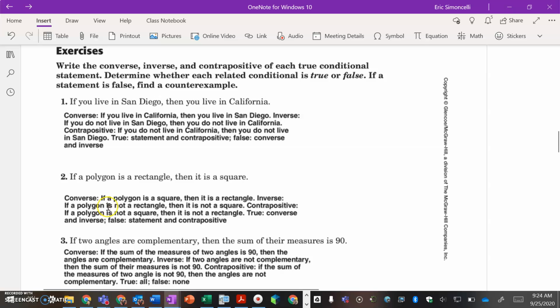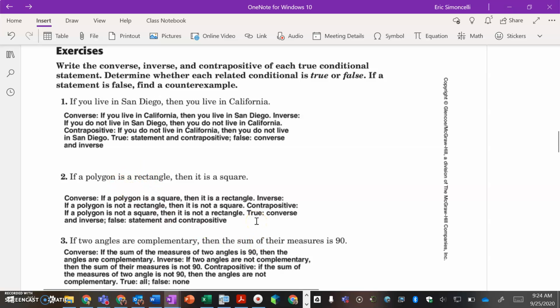So the converse, flipping P and Q: if a polygon is a square, then it is a rectangle. Inverse: if a polygon is not a rectangle, then it is not a square. Contrapositive: if a polygon is not a square, then it is not a rectangle.